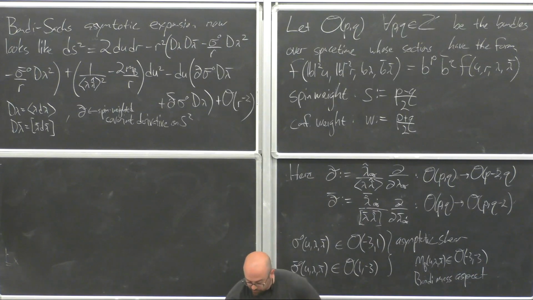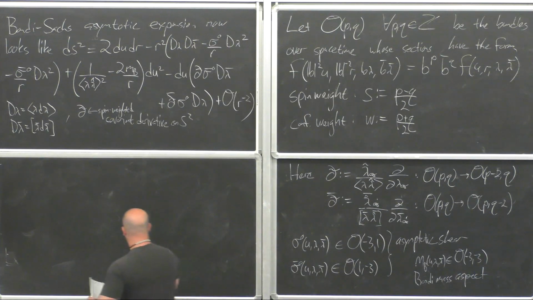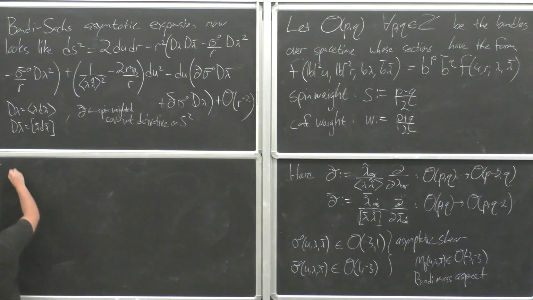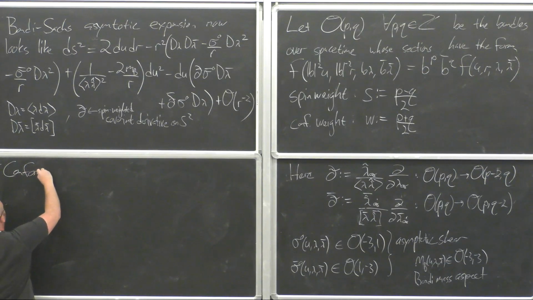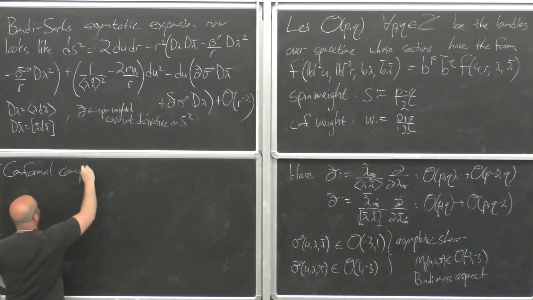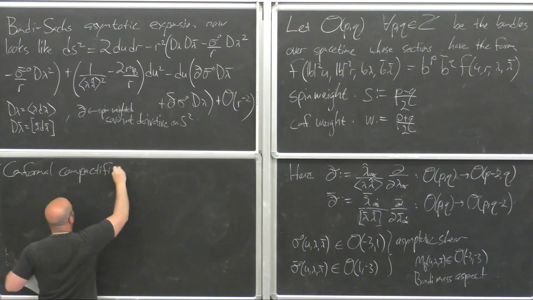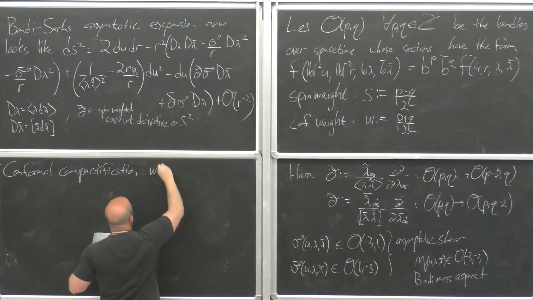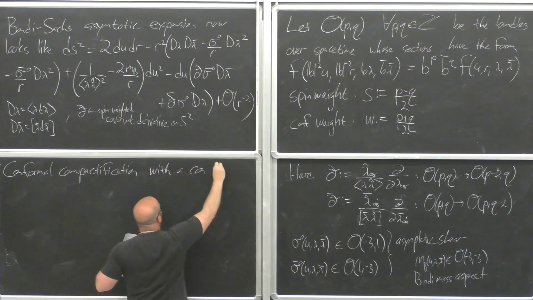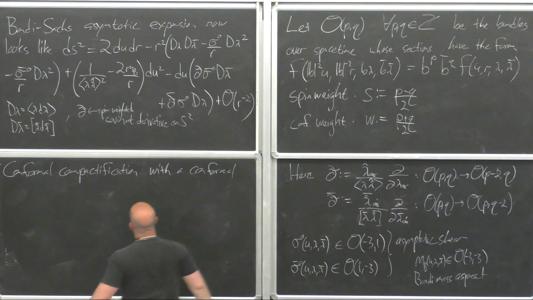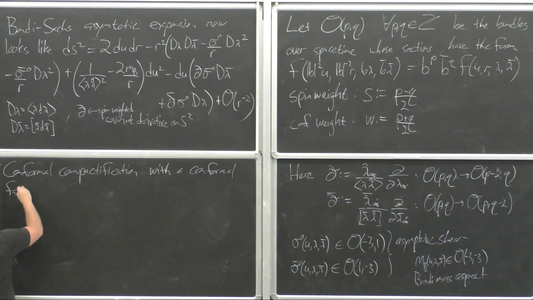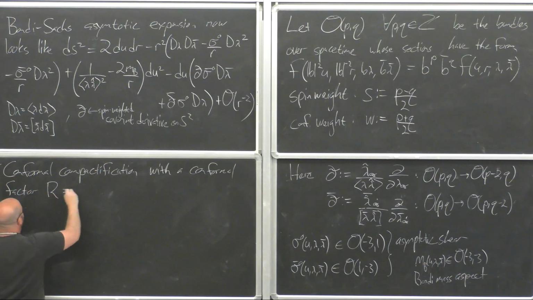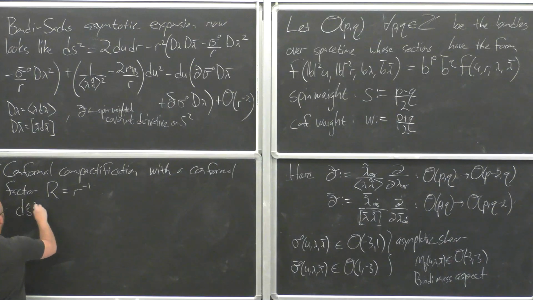Okay, so now let's conformally compactify this metric. We do this with a conformal factor that I'll call big R, which is just 1 over little r. And that leads to a conformally rescaled metric.